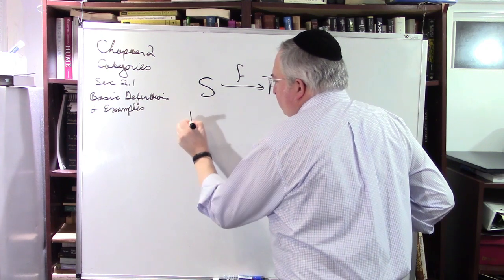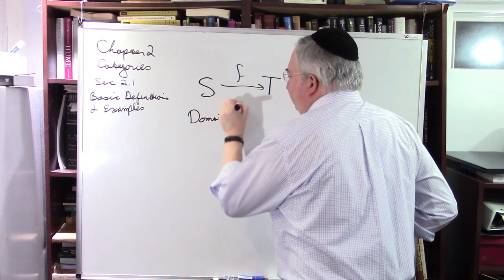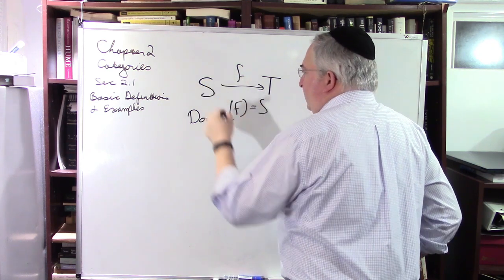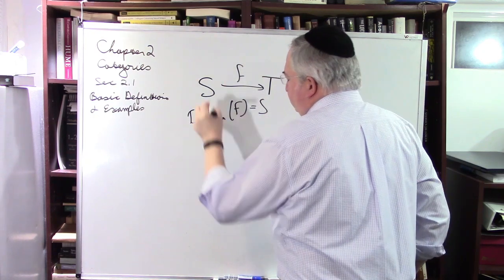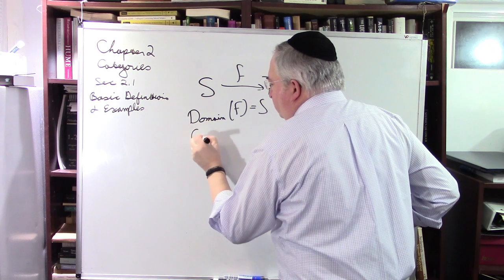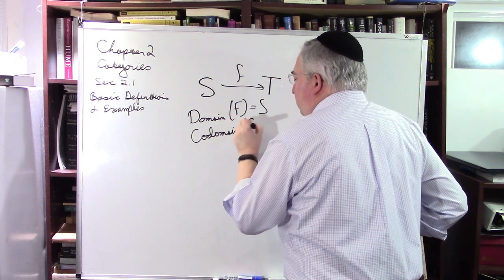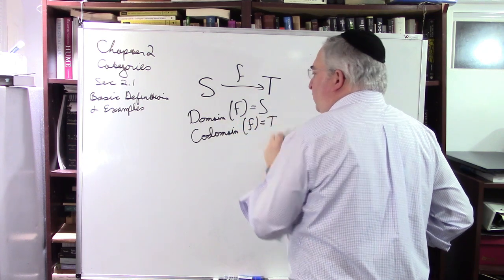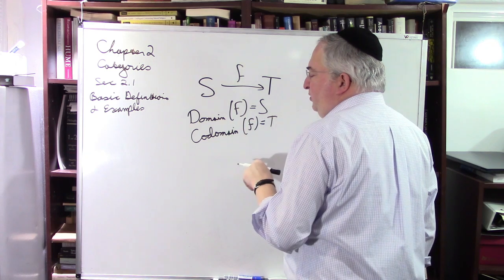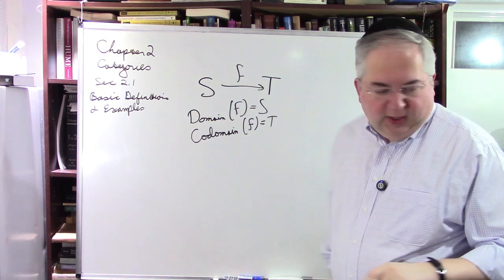Namely, we say the domain of F is S. That's where it's defined on, and the codomain of F is T. These two lines are a fancy way of saying that F goes from S to T.